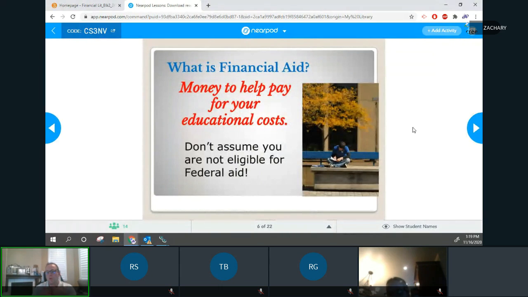So one thing I want to talk about is called financial aid. Financial aid is something that can really help you out as you're going to school. School can be pretty expensive, and so there are some things that you'll want to know that you can get in order to go to school, and we'll go over all of those different options of how to pay for school.